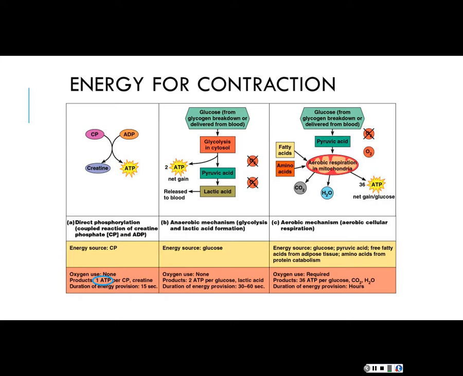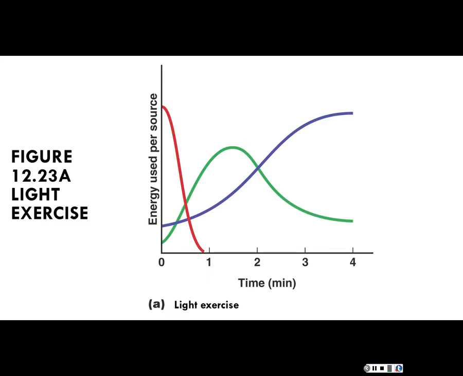This is summarized for you in figure 12.23, looking at if you're doing light exercise, so walking, going out for an evening walk or something like that. When you first start exercising, you're going to first use creatine phosphate.